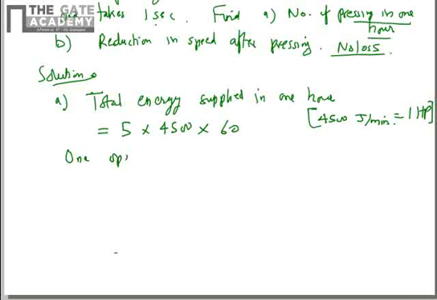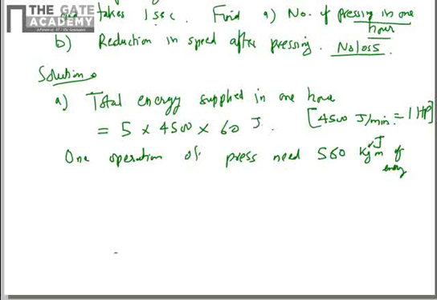Now one operation of the press needs 560 kg meter of energy, that is 560 joule.